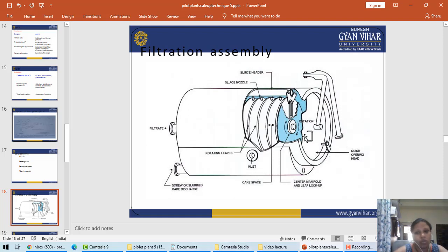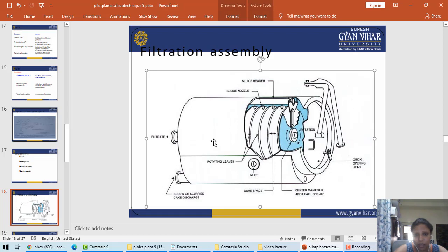Here we can open it, because it is a quick opening head, and we can also add the material from here to the inlet. The material is inserted through the inlet, and after the proper rotation, here the filters are there, in which there is a cake formation. Okay, the upper part will be the cake formation, or unwanted unfiltered material is separated here, and filtrate we can collect from here.